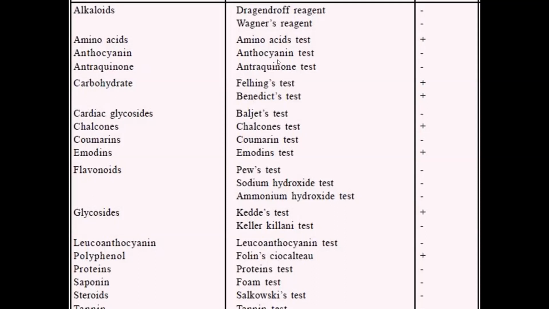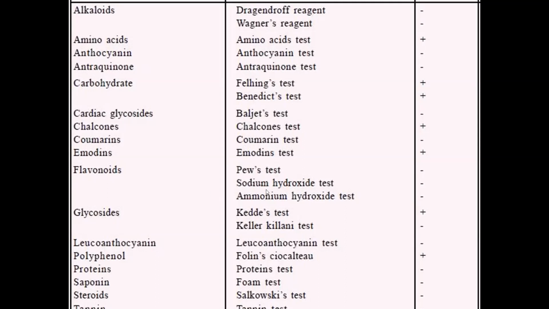Proteins are primary, so they will be present in most, or we can say the maximum, of plant extracts. The amino acid, carbohydrate, and protein tests will be positive, but sometimes they are absent. Clear?